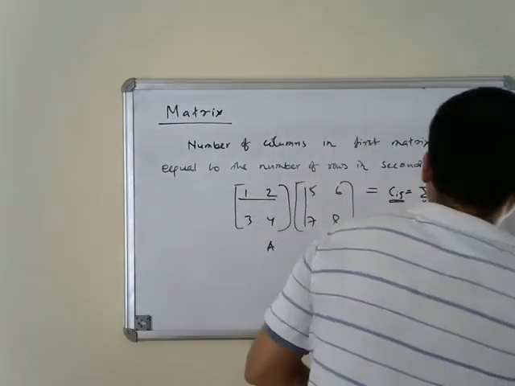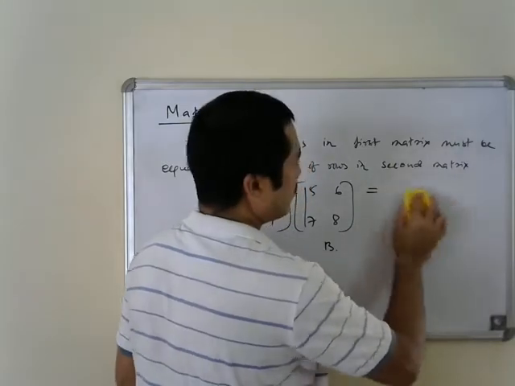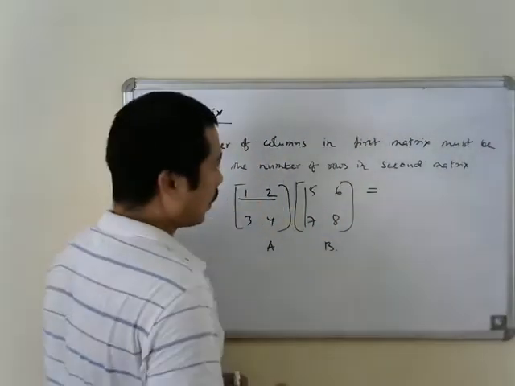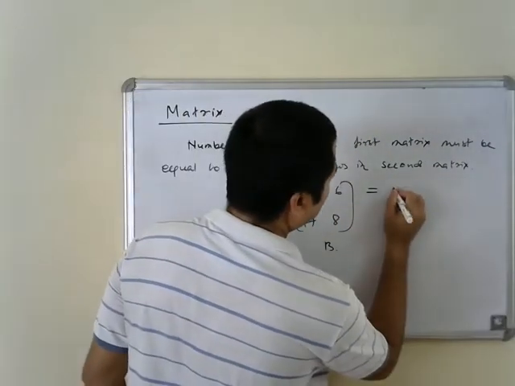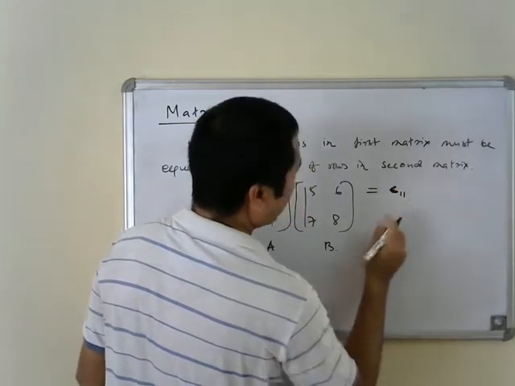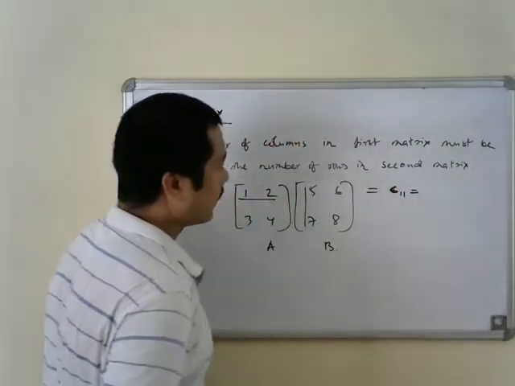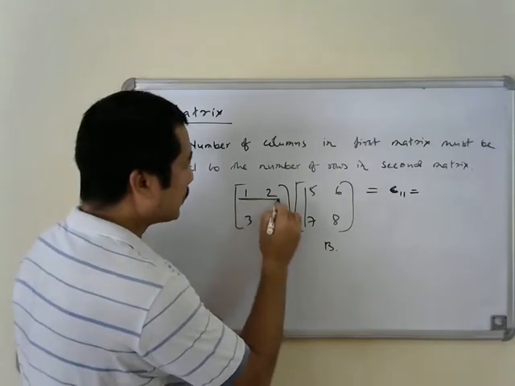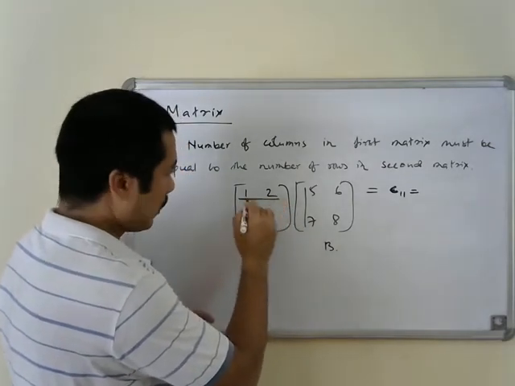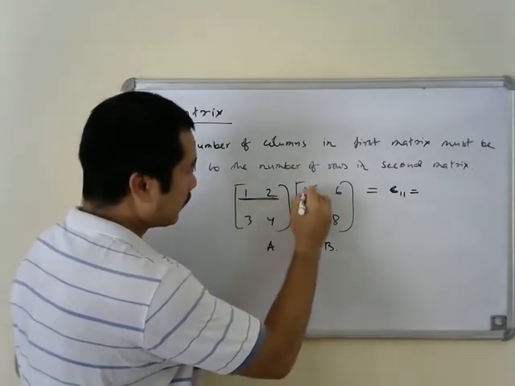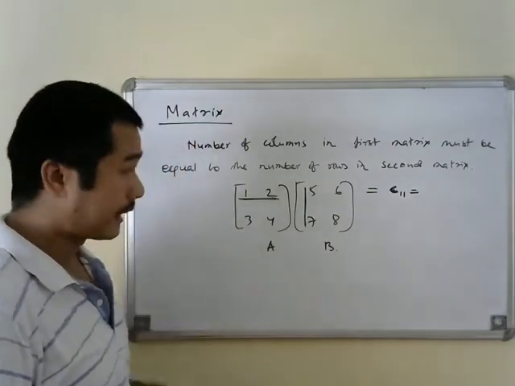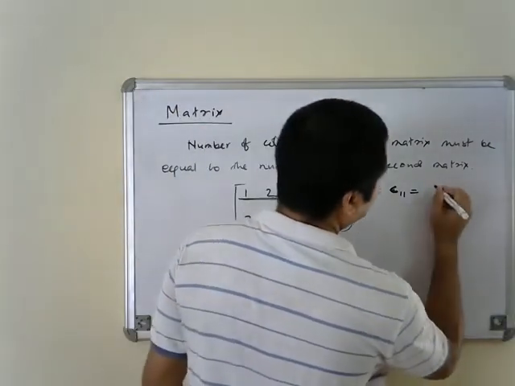So let us do this exercise for these two matrices. So the first, that is C11, we will get by multiplying the elements in the first row of the first matrix and the first column of the second matrix.